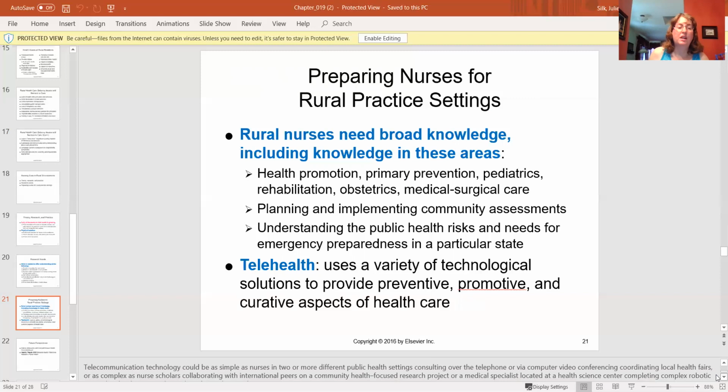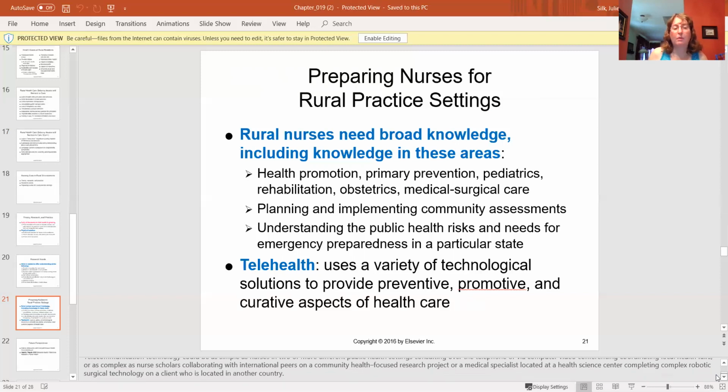Telecommunication technology could be as simple as nurses in two or more different public health settings consulting over the telephone or computer, via a video conference, coordinating local health fairs, or as complex as nurse scholars collaborating with international peers on a community health focused research project, or a medical specialist located at a Health Science Center completing complex robotic surgical technology on a client who's located in another country. So, telehealth does a wide variety of things.